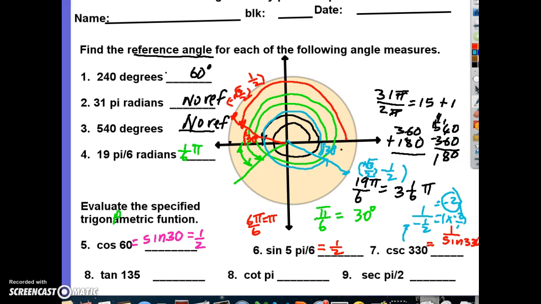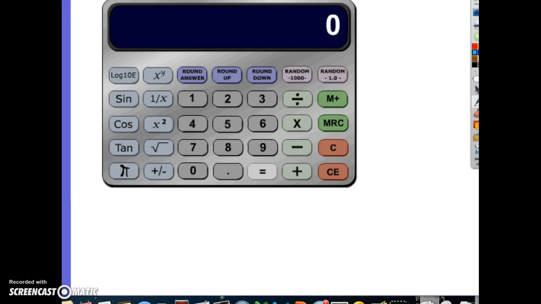135. Let's take a look at another page. Not sure I've got this on here.